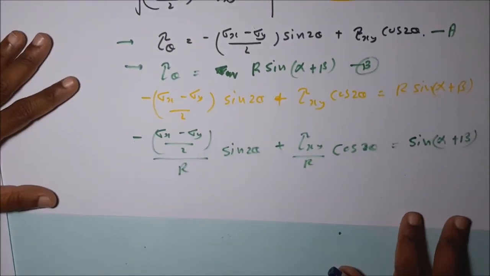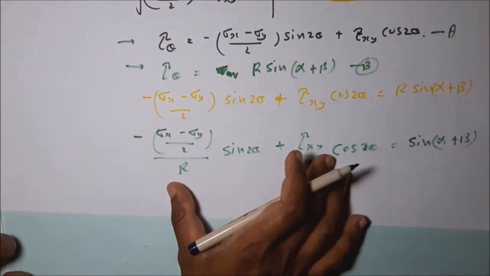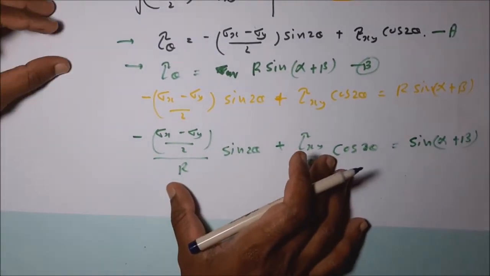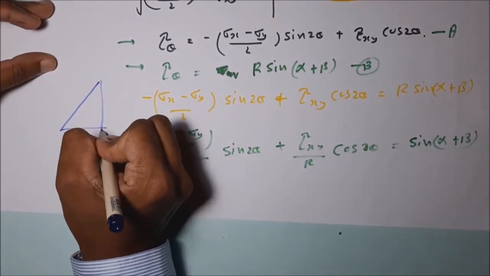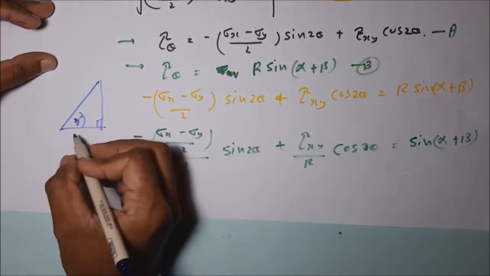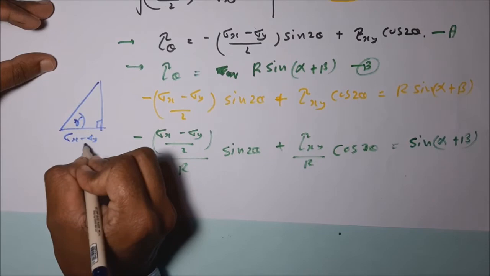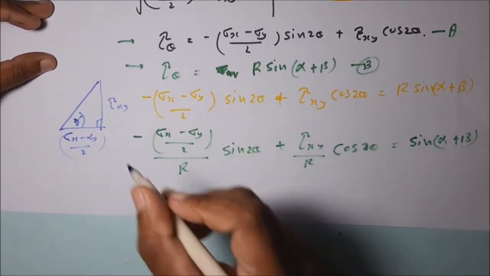Then we can further simplify this equation. I am going to put the gamma. Let's take this kind of right triangle with gamma. If this side is (sigma x minus sigma y) divided by 2, then this is tau xy.